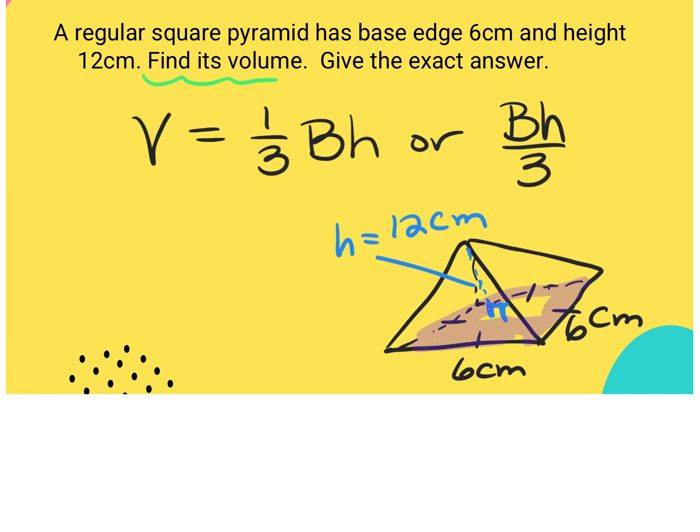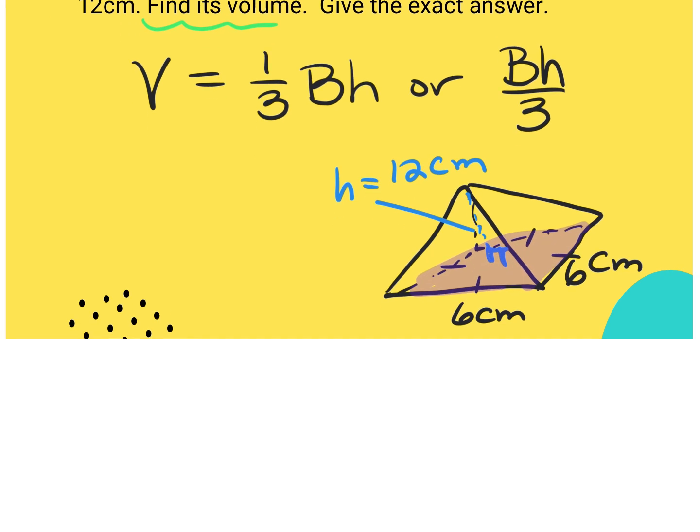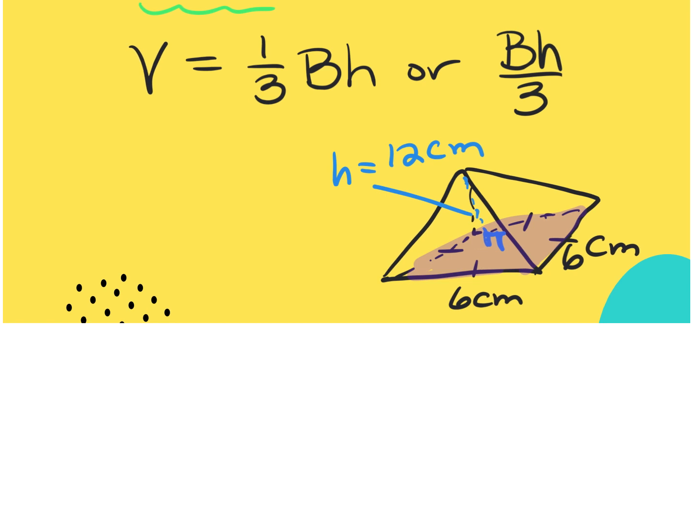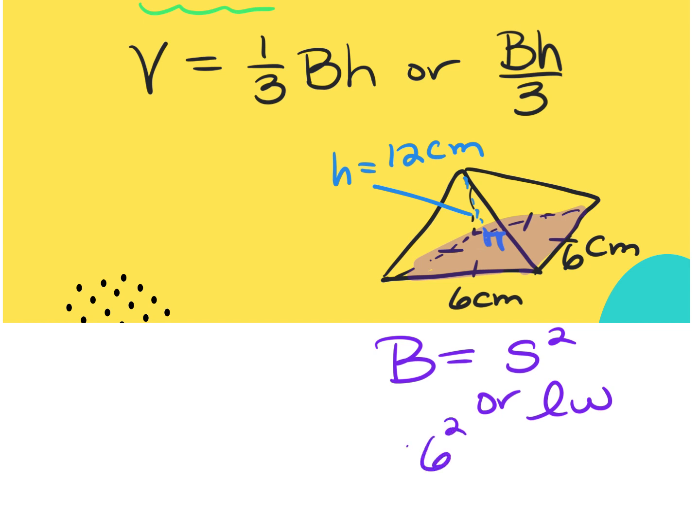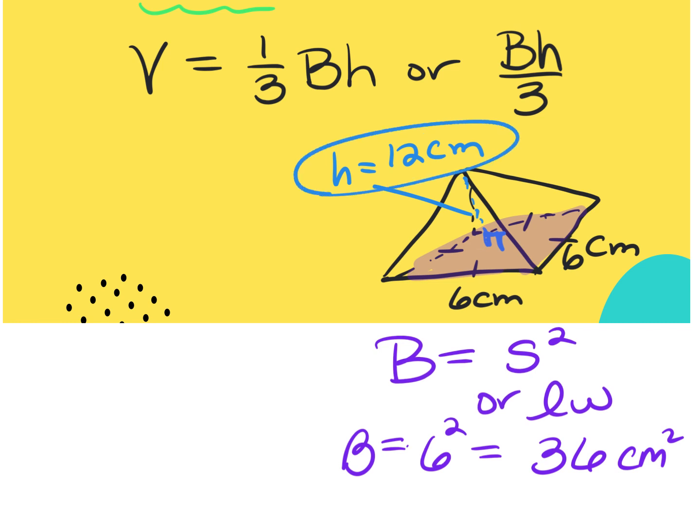It's a square. So my capital B here is going to be, you can either think of it as side to the second power because it's a square, or you could also do length times width. So here I'm just going to do 6 to the second power, or 6 times 6. And my base area is 36 centimeters squared. My height of the entire pyramid is the 12.